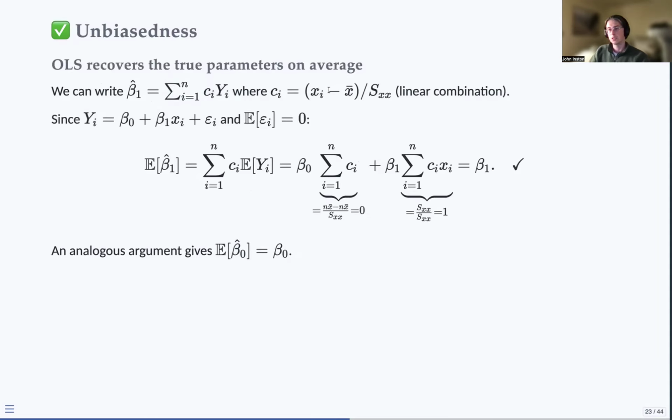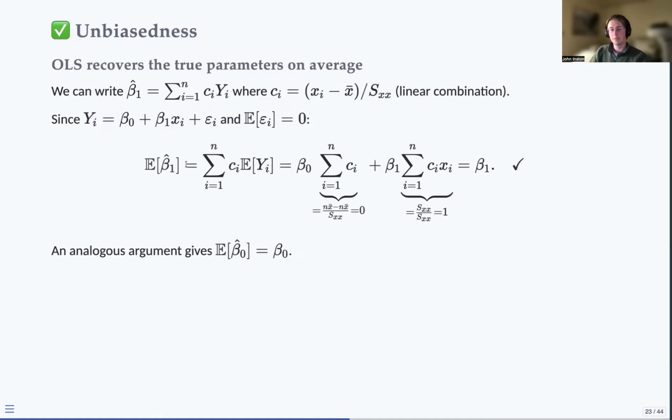We can essentially just break up Sxy into this Ci times Yi, and then have the sum outside. Then since we can write Yi using the assumed model equation, we can start plugging in these values, and you can see that everything starts to cancel away.